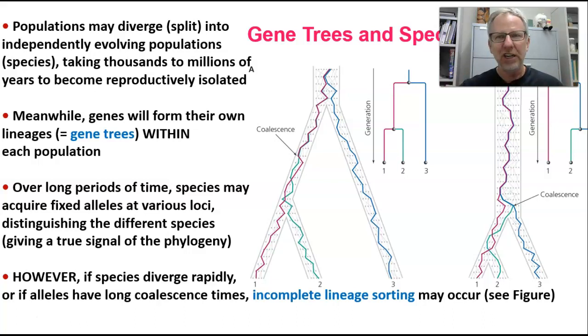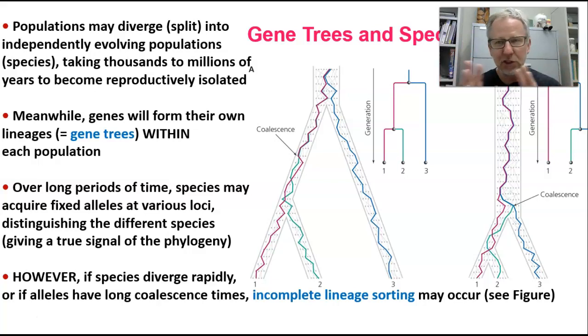And so each gene has its own gene tree, its own history within a population. Over long periods of time, species may acquire fixed alleles at various loci, such that a locus only has one allele. It's at 100% frequency.